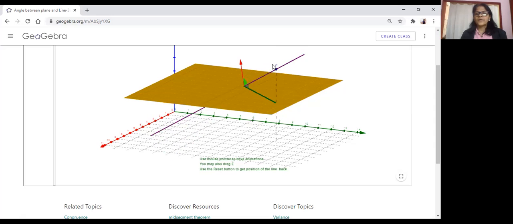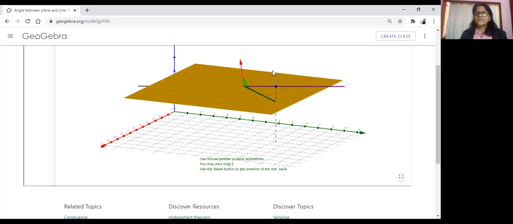Now we do not know how to find the angle between a line and a surface. So what we can do here: if this angle is theta, this will be 90 minus theta, because the normal is always perpendicular to the plane.